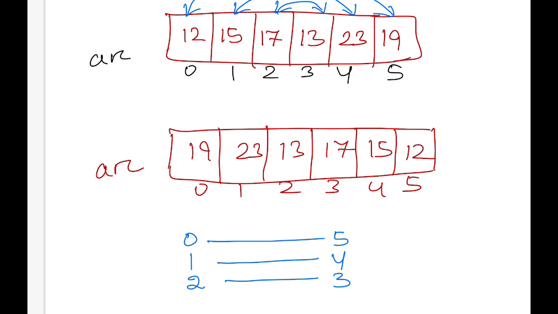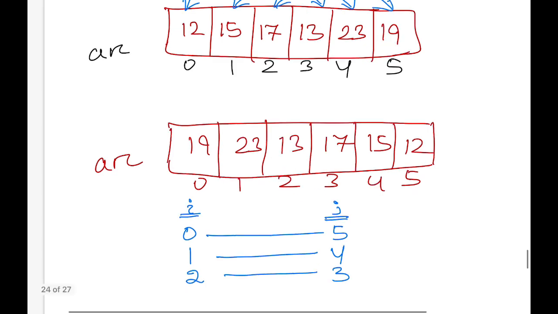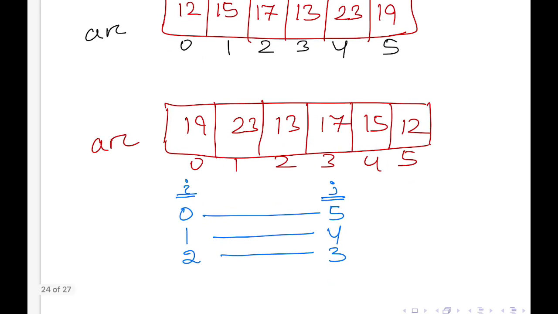So after 3 swaps in this example, we are going to get the reverse of the array. Now we can write this as i, and we can write this as j, and we can use a loop for this swapping, for the number of swaps.